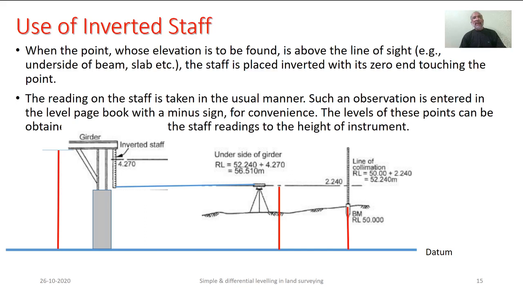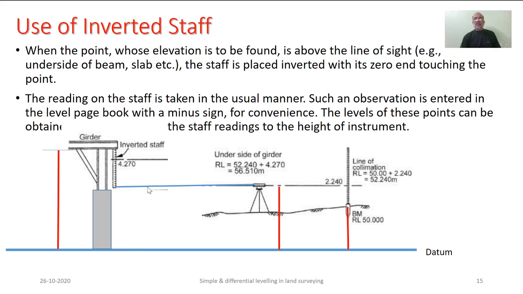One more important thing is, all the staff readings that we wish to take won't always remain in the range of the entire staff. Popularly, we go for turning points or change points in order to continue our work from instrument station to instrument station. Still, it is quite probable that some stations are placed so high that even the staff, which is mostly 5 meter high, won't give the desired reading.